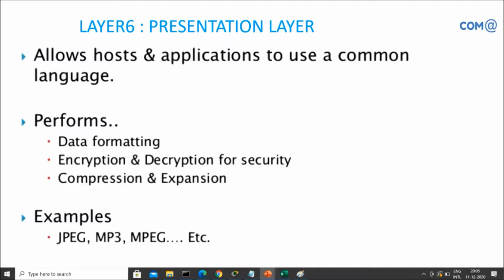Before that, the data is in a system-understandable format. We cannot read it directly. It is presented to the application layer so that we can read the information completely. Examples are JPG, MP3, and MPEG. The content you cannot read, but only the output you can see in the application layer. Here it is in a machine-understandable format.